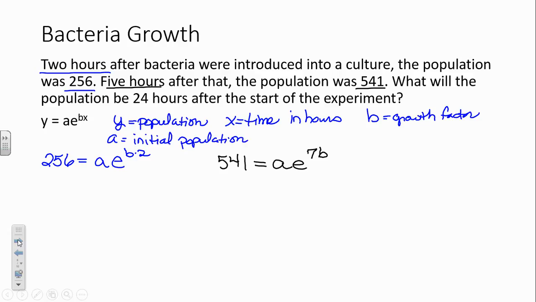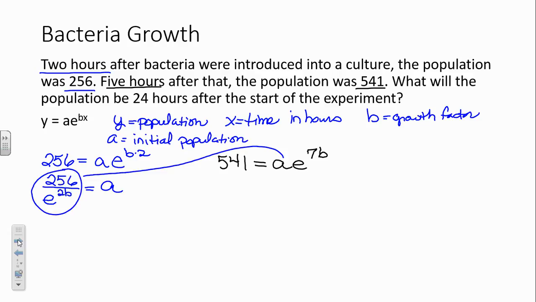So it doesn't matter which one you start with, but if we're trying to get the A by itself here, then 256 over e to the 2b is A. Just divided to get A by itself. Now if I sub this into this A, I should be able to figure out what B is and then eventually find out what A is.